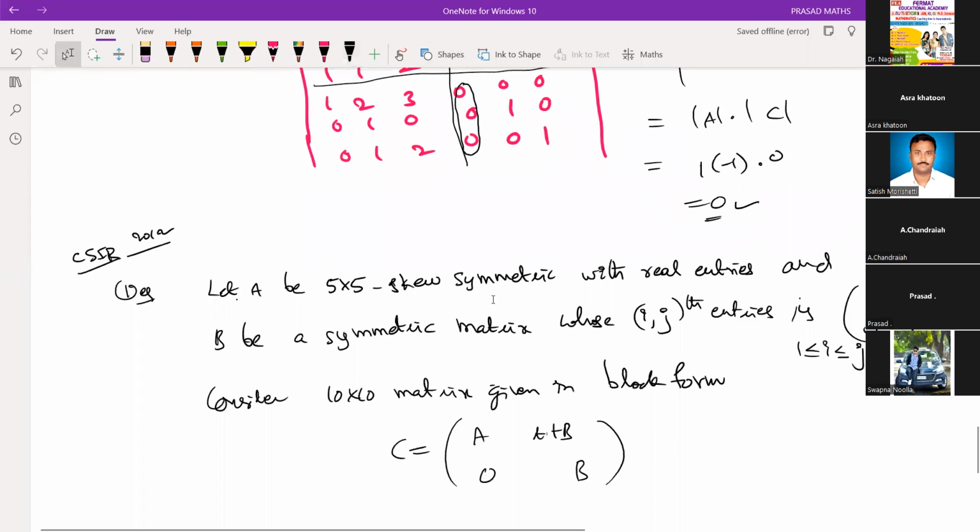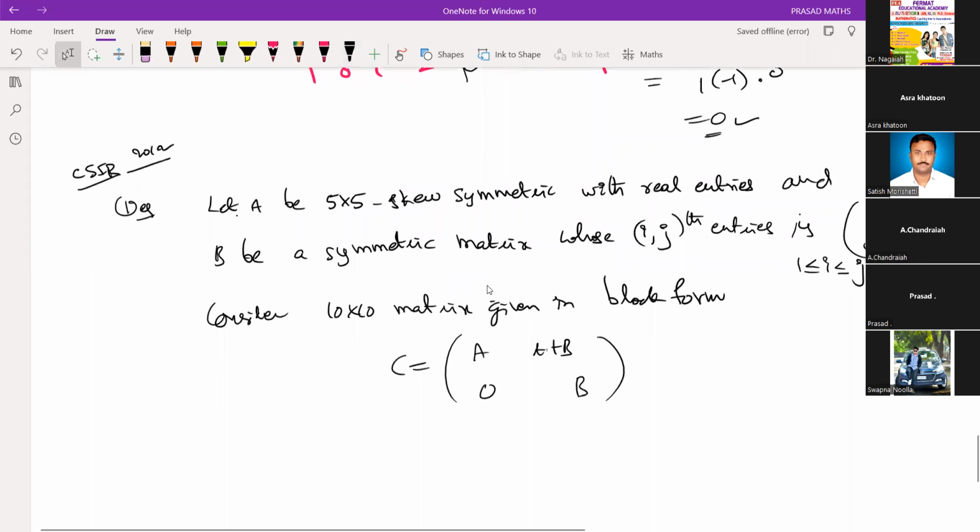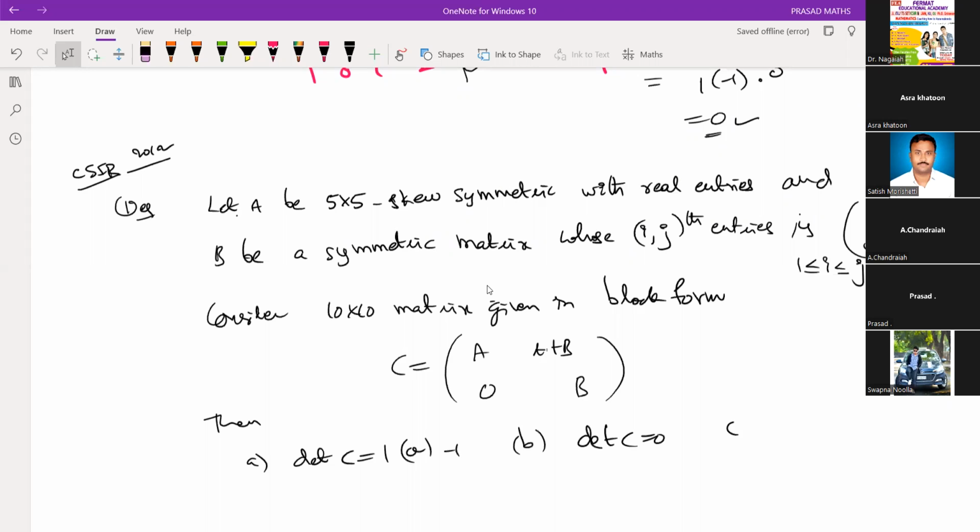In fact, it's a block upper triangular matrix. So then, answer A, det C equals 1 or minus 1. Answer B, det C equals 0. Answer C, trace of C is 0. And answer D, trace of C is equals to 5.